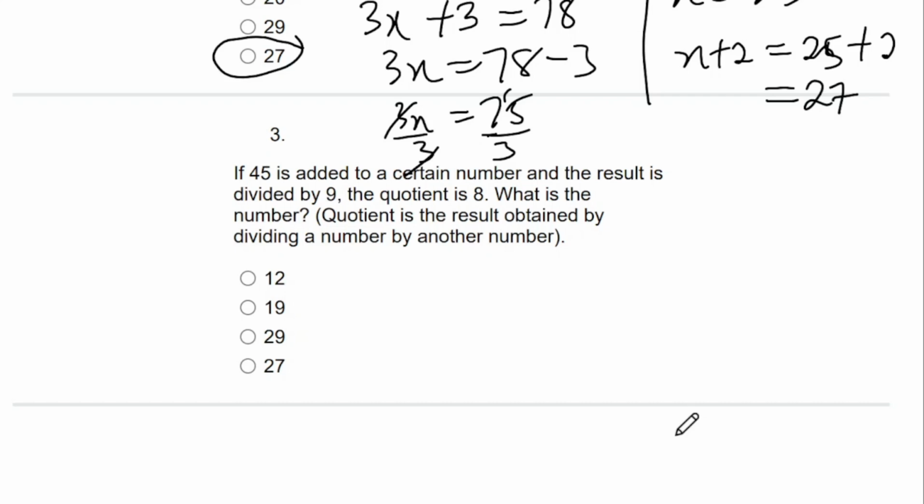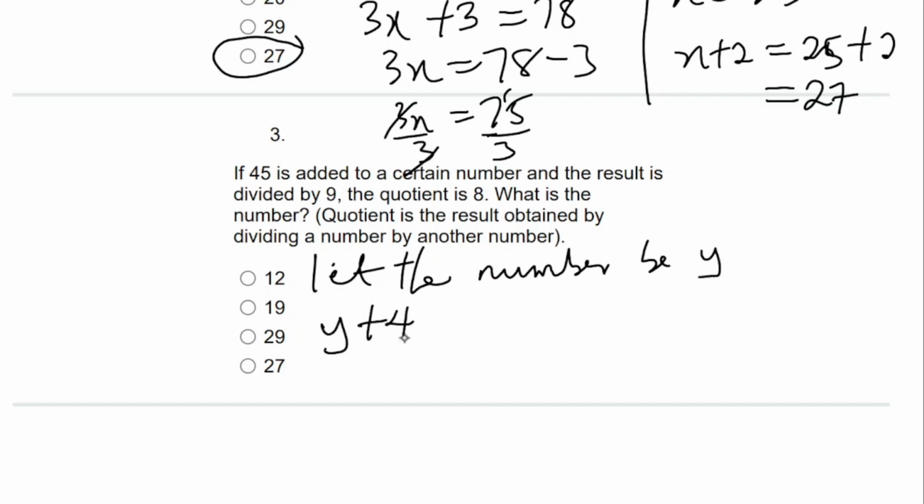So let's interpret this. 45 is added to a certain number. Let the number be y. So 45 is added to y, and this is divided by 9. The result is equal to 8.